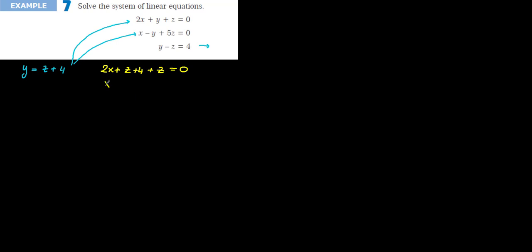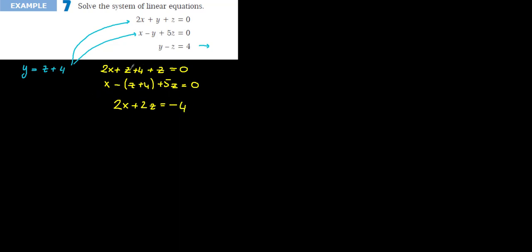And the second one is x minus, since it is minus, we have to put parentheses, z plus 4, plus 5z is equal to 0. So I'm going to collect the like terms together, the known and unknown terms to one side, which means 2x plus 2z is equal to minus 4. This is the first equation.